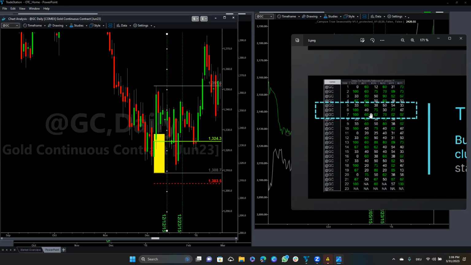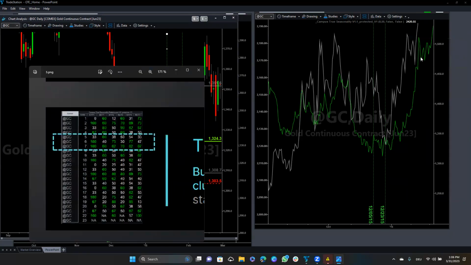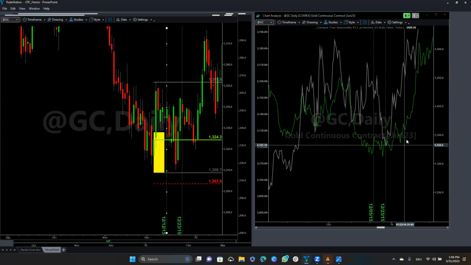And then here, 3 days more, 3 days more, right? That means January will be super strong. I definitely want to stay in this trade till January, right? And the seasonality also makes absolute sense, that we see a strong January, right?